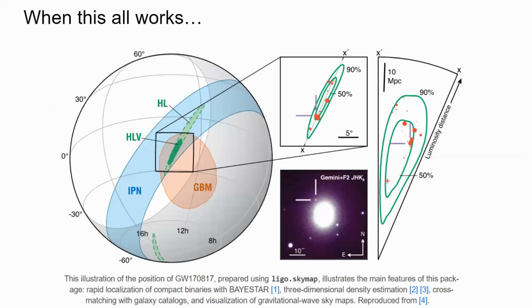event. So when this all works, right, GW170817, we see we're able to localize it in the sky, search that region, and actually detect the transient. And here's an example, actually from ligo.skymap, which you'll also be working with, and it just shows how we can localize the event. You see the different detectors, and the overlap of the different localization regions leads to where we expect the event to be.